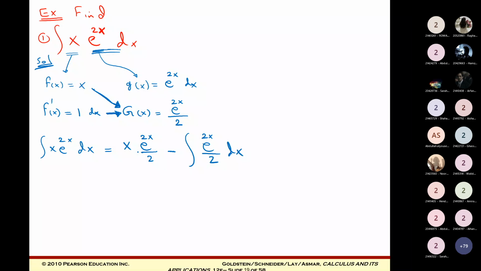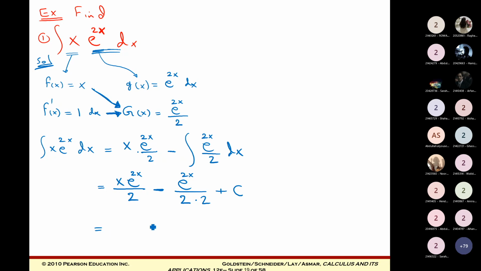Now the first part equals x e to the power 2x over 2, and the other integral we find as e to the power 2x over 2 multiplied by 2, because the 1 over 2 is a constant; the integral of e to the power 2x equals e to the power 2x over 2, plus c.